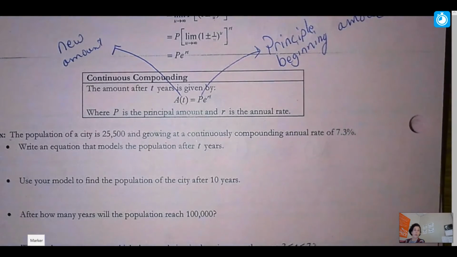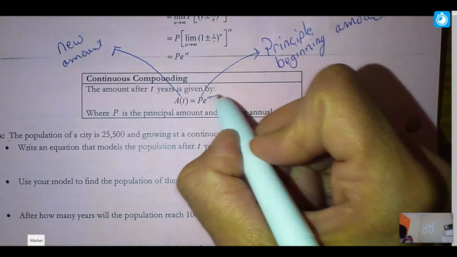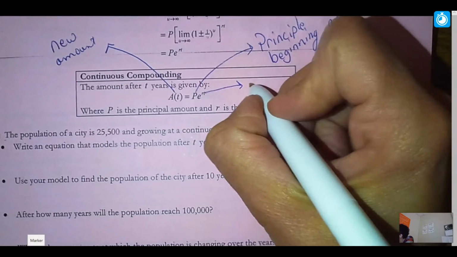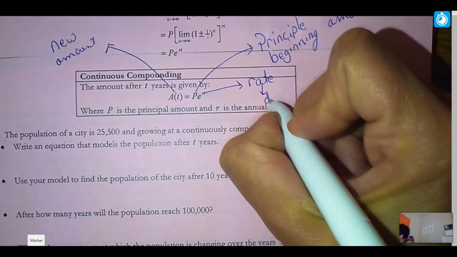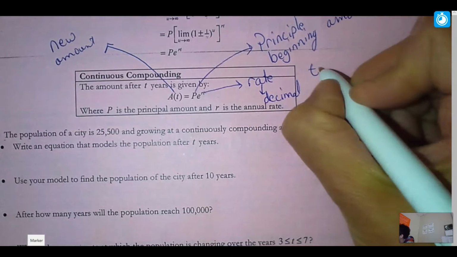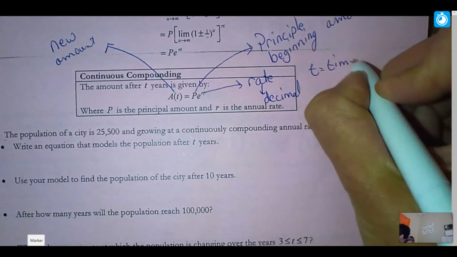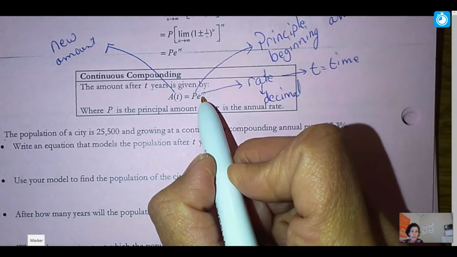But now what's going to happen is your rate and your time are going to be the exponent. So the rate, remember, you need it as a decimal. And then again, t just means time. All right? So that's your exponent, r and t, and I realize that's really hard to see.